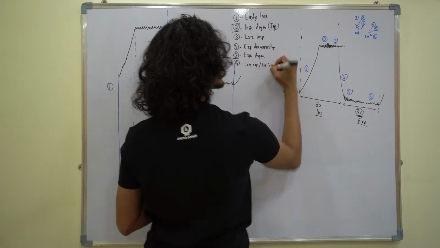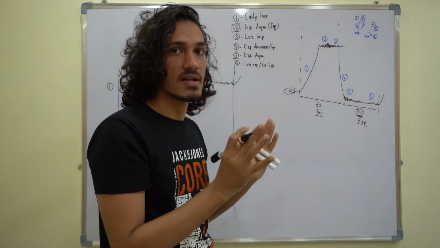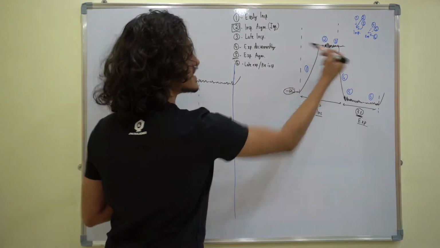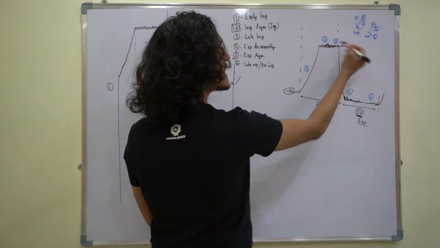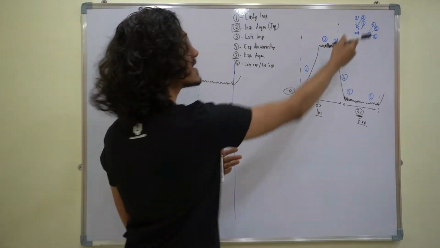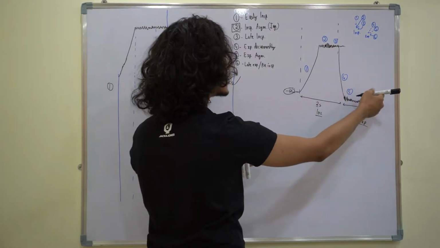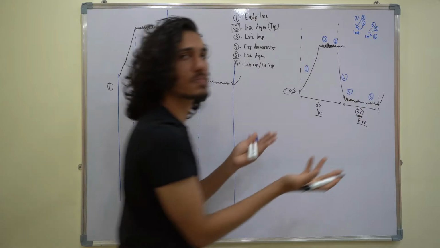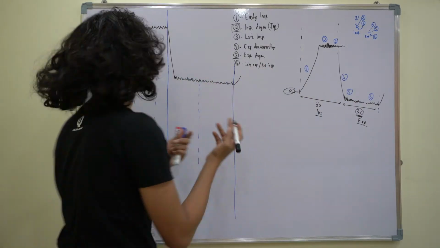These are the different groups of neurons that are there. So first is the early inspiratory, followed by the inspiratory augmenting, then the late inspiratory, then expiratory decrementing, followed by expiratory augmenting, and a late expiratory or pre-inspiratory. You don't need to memorize the names by heart, it just comes.